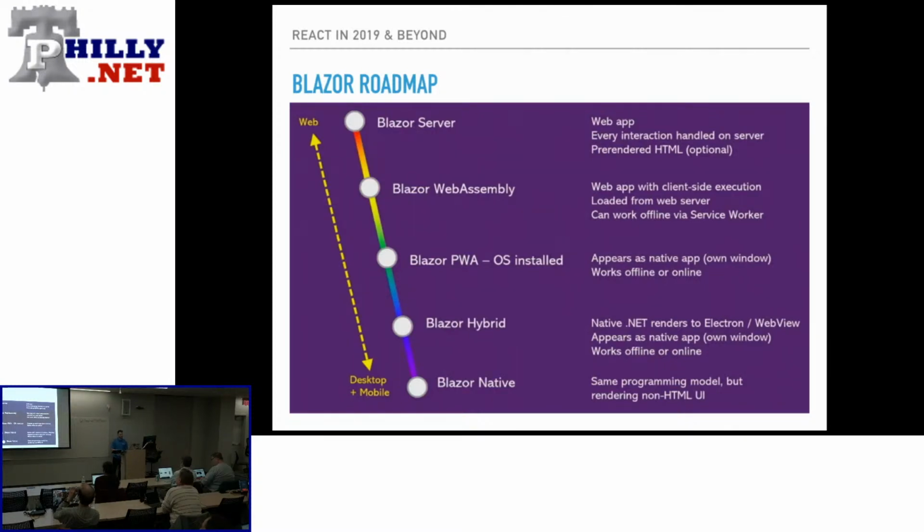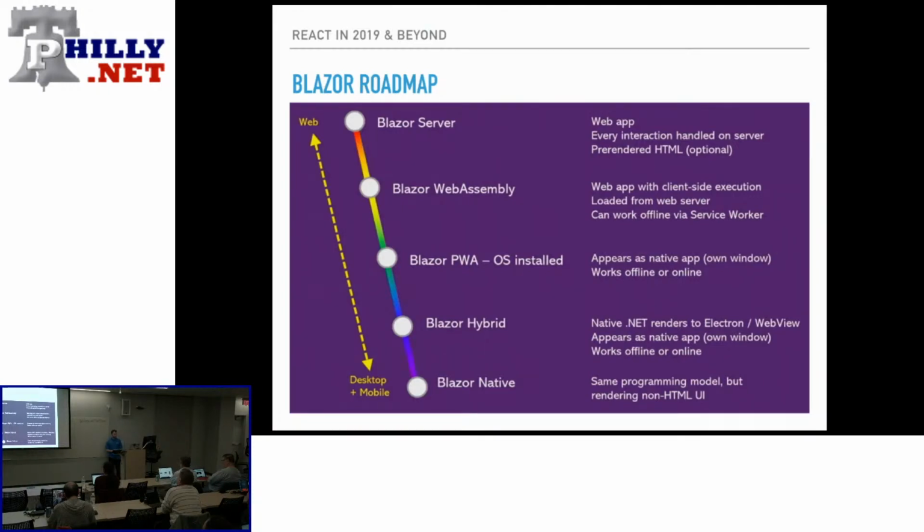The next item, though, is the progressive web apps. They go right onto your phone and open up in their own window, so they look like a native app. It'll be right on your home screen with an icon, and they'll be able to work offline or online with that service worker capability. Hybrid's going to come next, running on your desktop using Electron WebView, and it'll look like a native app just like those progressive web apps on your phone, and again working offline or online.